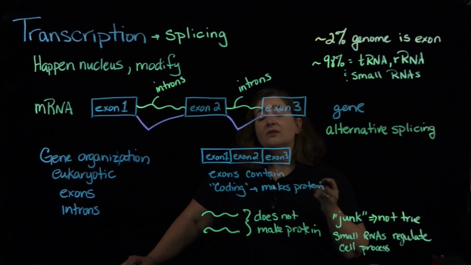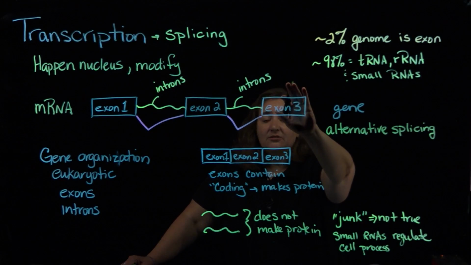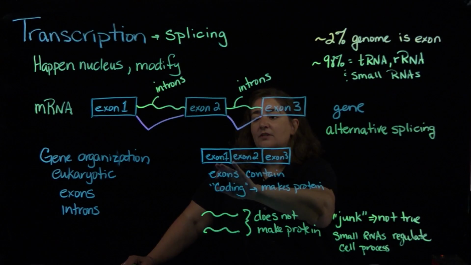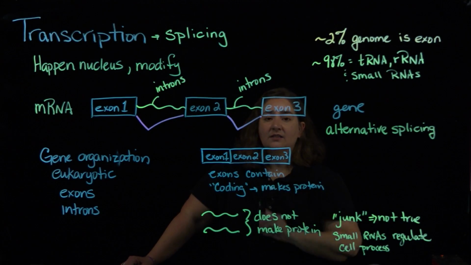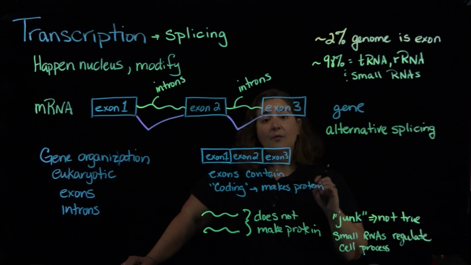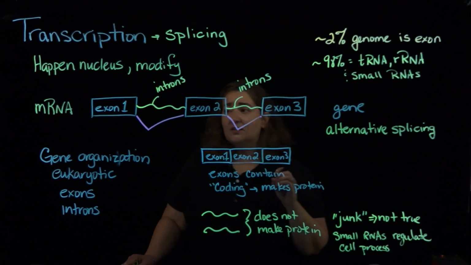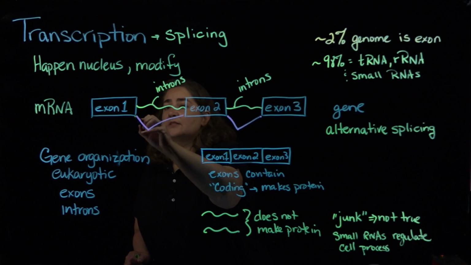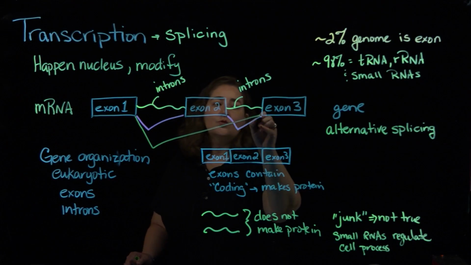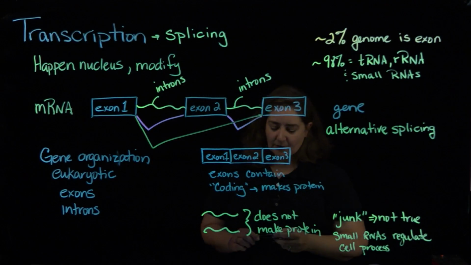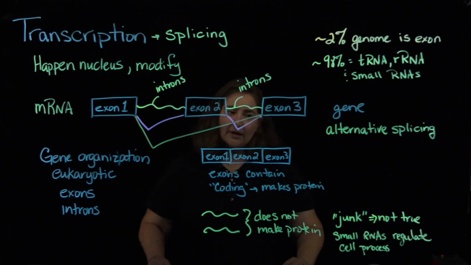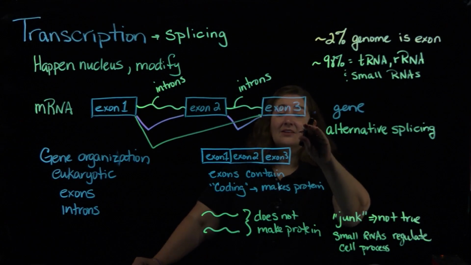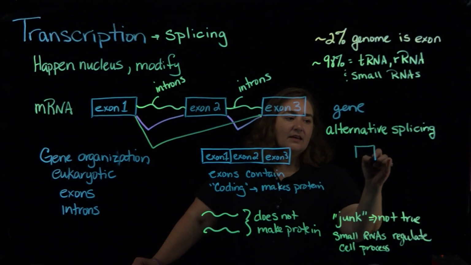So it might be that the majority of this particular gene that I have here is going to splice exon 1 to exon 2 to exon 3, okay? But it may be able to make another protein from that sequence if it splices exon 1 directly to exon 3. Okay, that would make a different protein.